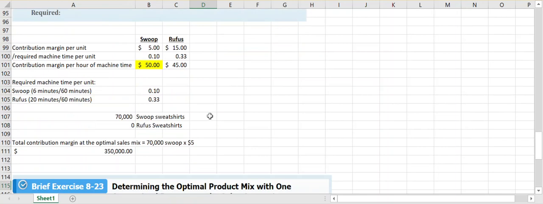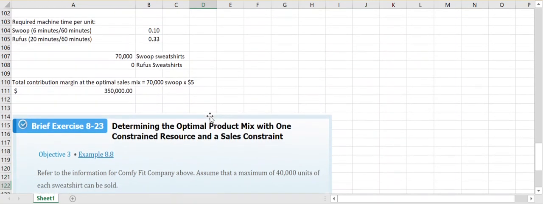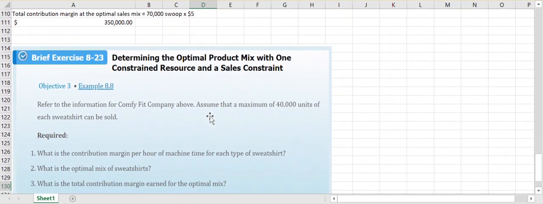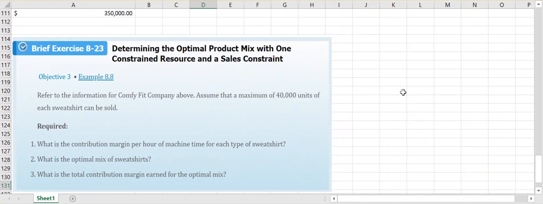Utilizing the same information in brief exercise 823, all that information stays the same. However, let's assume that there's a maximum of 4,000 units of each sweatshirt that can be sold. So now we have two constraints. We have a resource constraint, the 7,000 hours of machine time that's available to us, and we have a demand constraint.